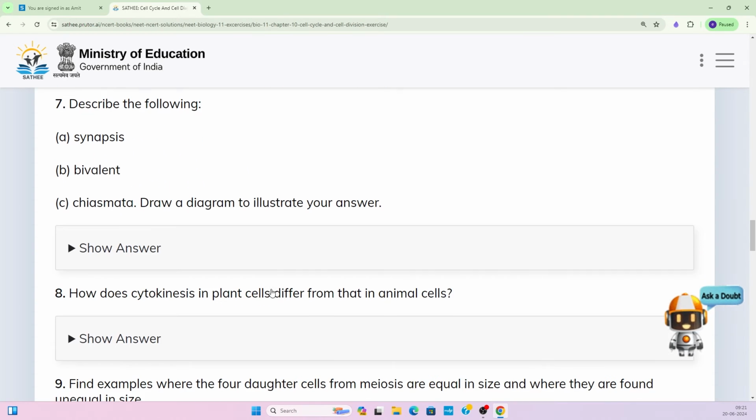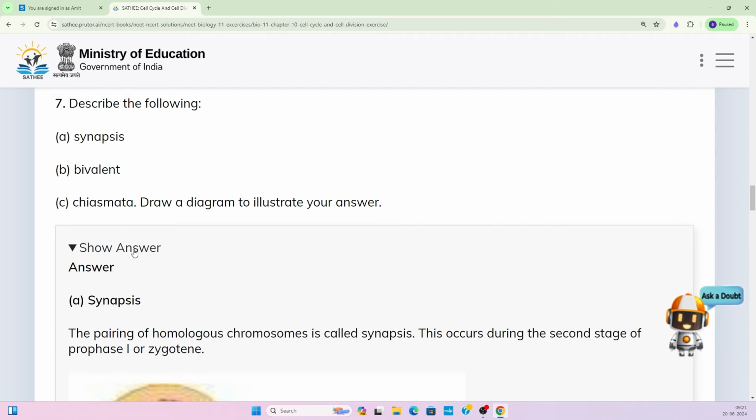Next question: describe the following: synapsis, bivalent, and chiasmata, and draw a diagram to illustrate your answer. With the help of a diagram, you have to explain what is synapsis, what is bivalent, and what is chiasmata. So let us see the answer.